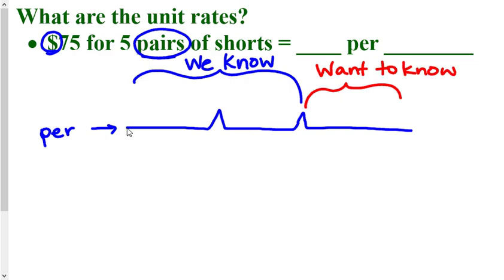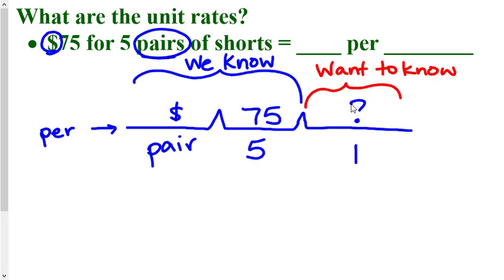So what we know is that it is $75 for 5 pairs of shorts, and what we want to know is the cost for 1 pair of shorts.